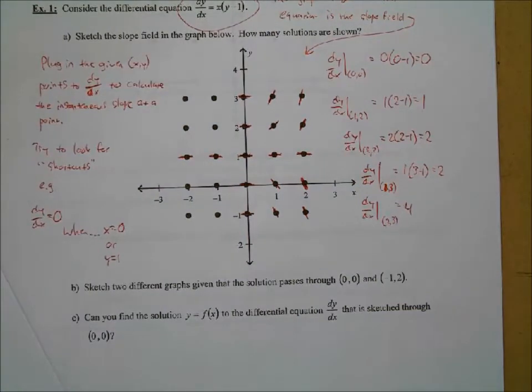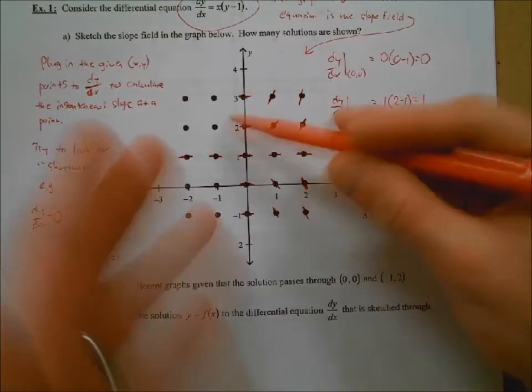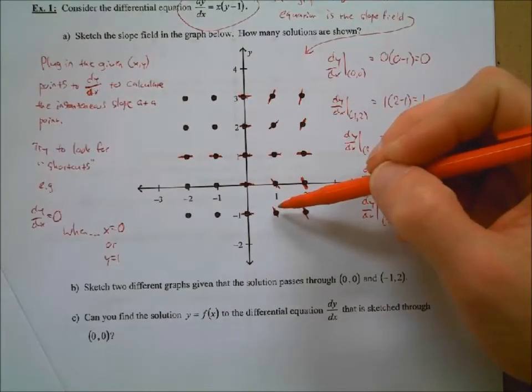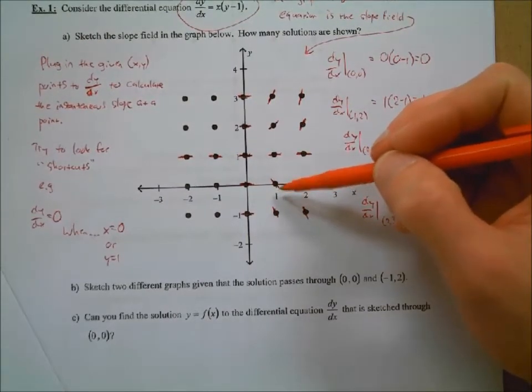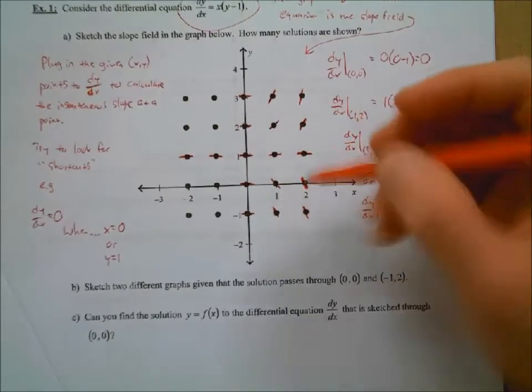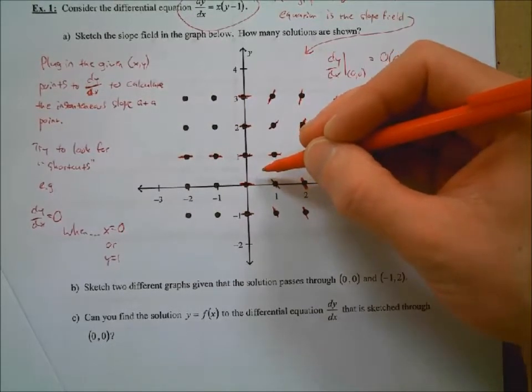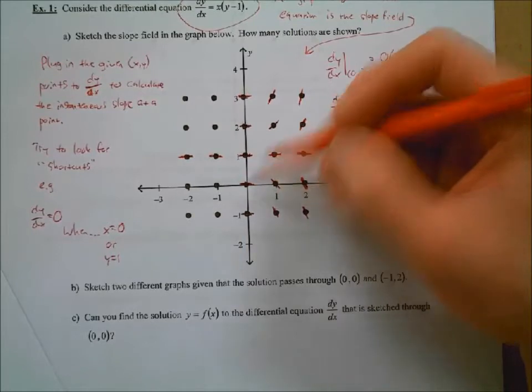Now, of course, as we're filling in this slope field, it's important to understand that we're finding the slopes at these particular points. And they're nice points, just whole number or integer points. But if we wanted to, we could find the slope at like 1/2, 1/2. We could find a slope there too. That might be helpful to give us more detail.